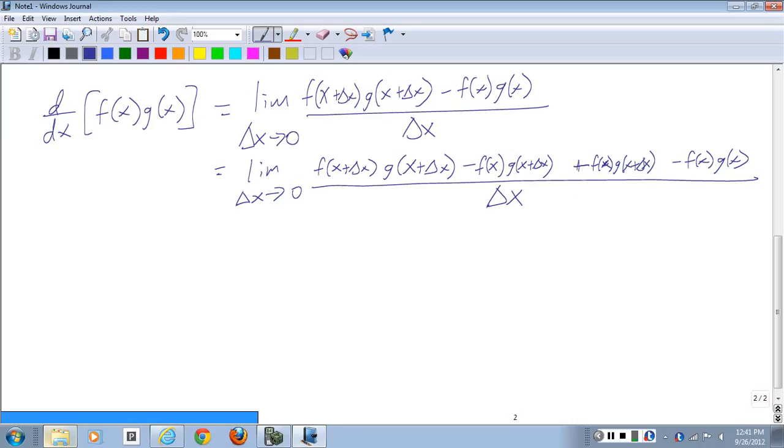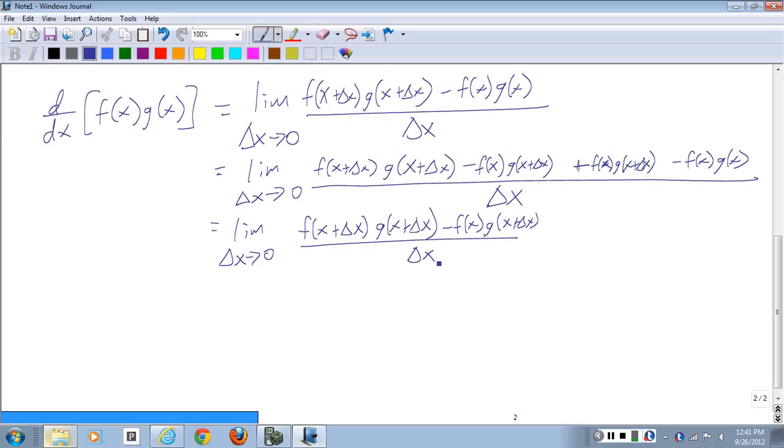But what I can do is write this as two separate fractions. This is the limit as delta x approaches 0 of f of x plus delta x times g of x plus delta x minus f of x g of x plus delta x all over delta x.